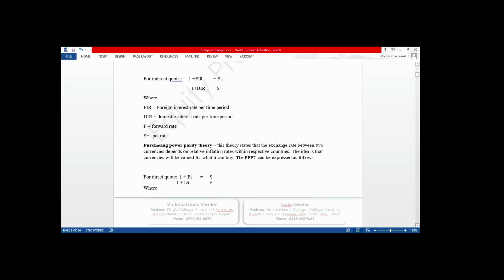We can use the equation below. I'm sure there's a network break. Let me take that again. For direct quotation, the equation is 1 plus Fi divided by 1 plus Di is equal to F over X.